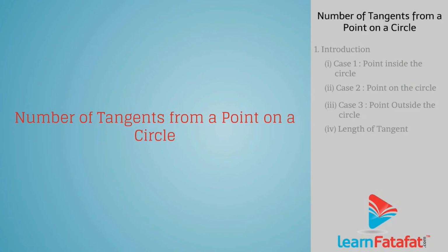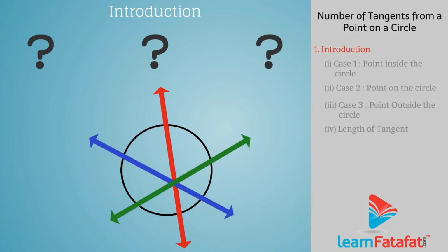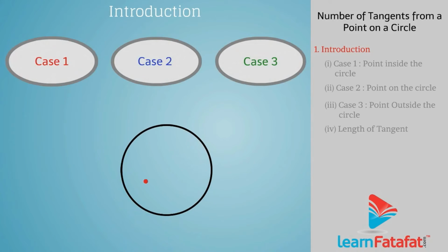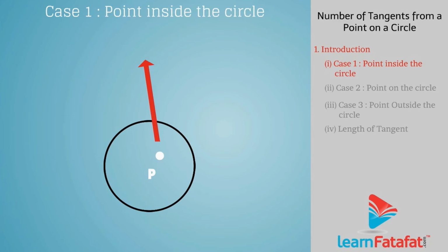Number of tangents from a point on a circle. To find how many tangents could be drawn from a point, we need to consider three cases, as the point may be inside the circle, on the circle, or outside the circle. Case 1. Point inside the circle. Consider a point P inside a circle.